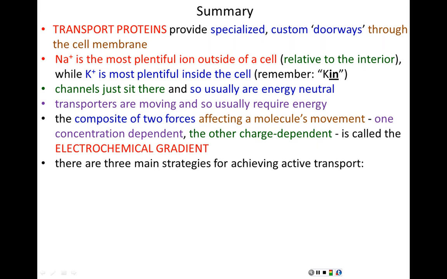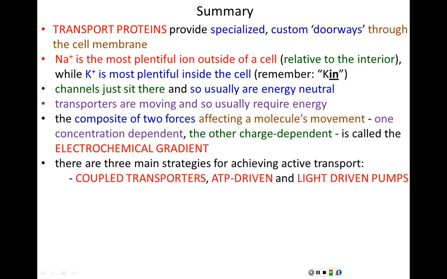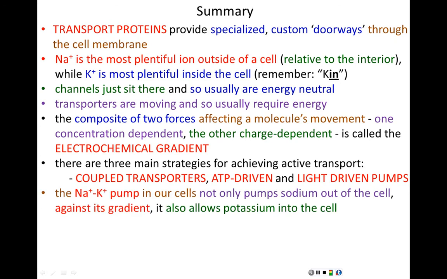There are three main strategies that are used by cells to pump ions against their electrochemical gradient. Coupled transport, that idea of water being pumped uphill to bring the boat down. You pump one ion against its gradient to let it carry another ion through. ATP-driven active transport, where the energy comes from ATP, or like bacteriorhodopsin, the light-driven pumps that we've discussed in the last lecture.